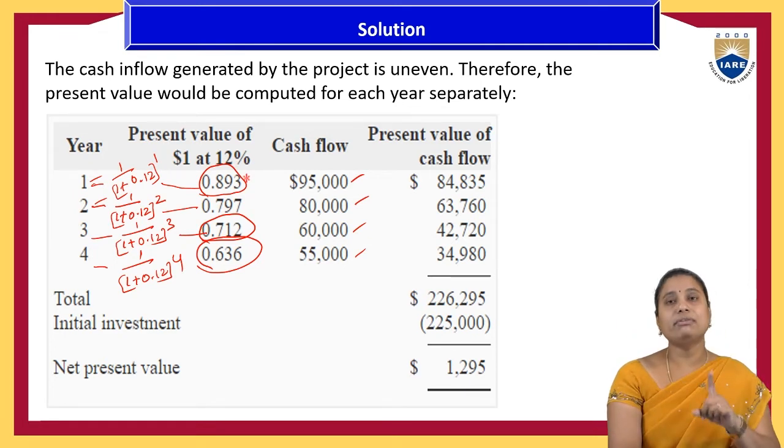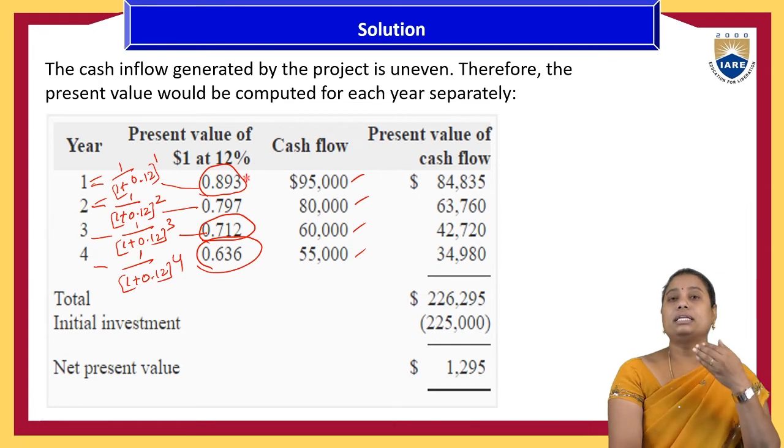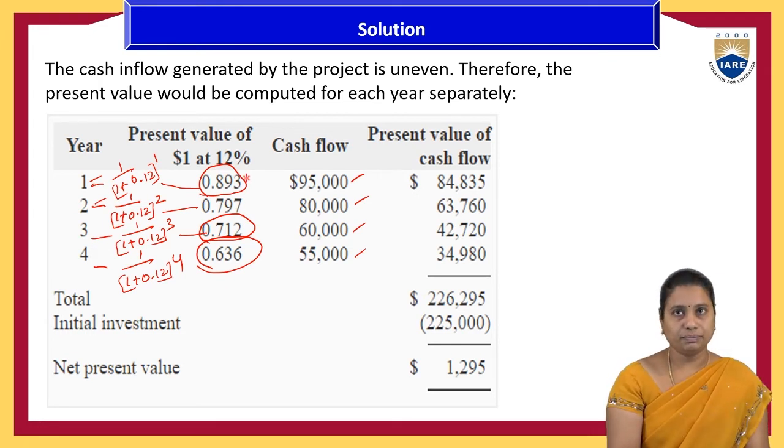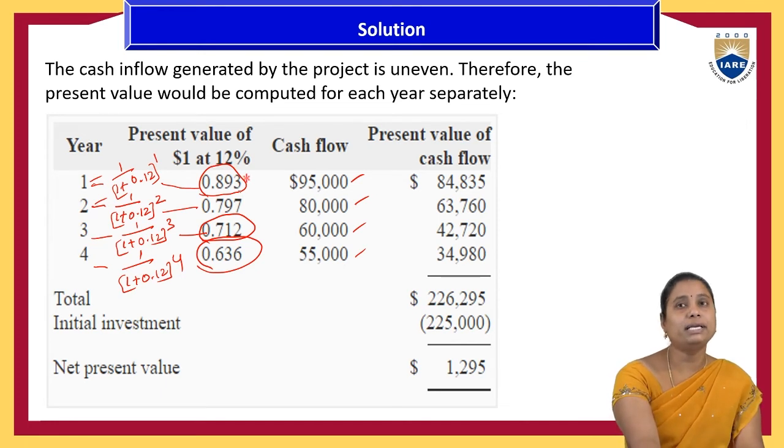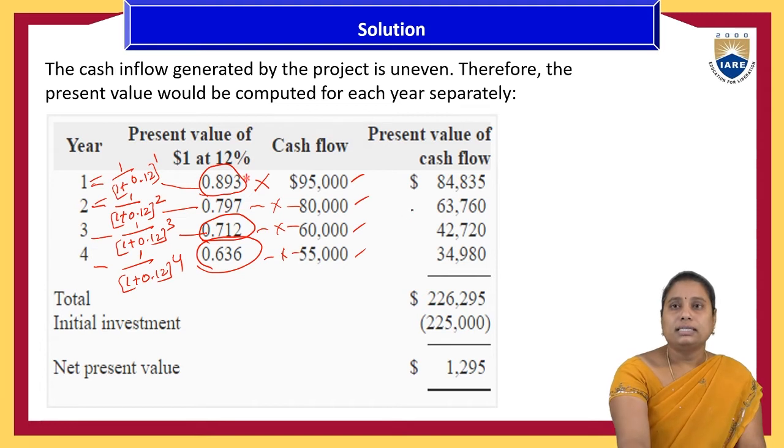So the present value of 1 rupee is at the discount rate they have given to us. If it is 0.893 for 1 rupee, then for 95,000 it will be multiplied to give 84,835. So this is going to be multiplied with these values, and we'll get these values.